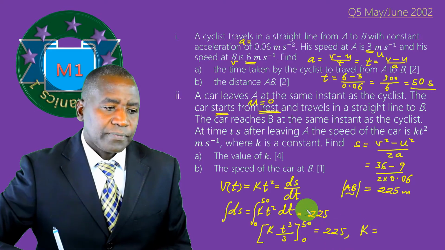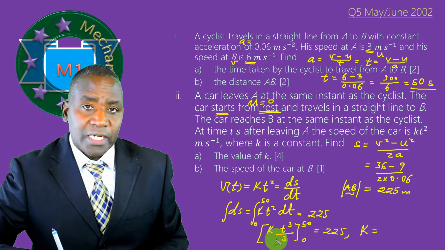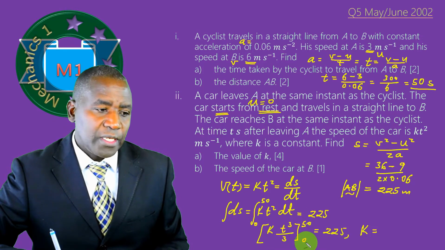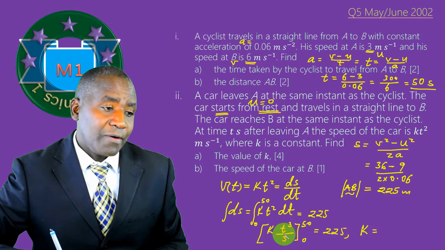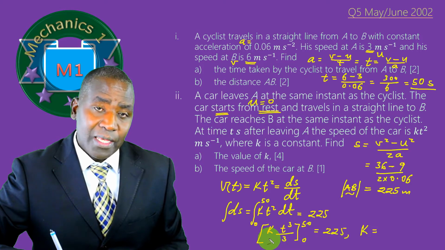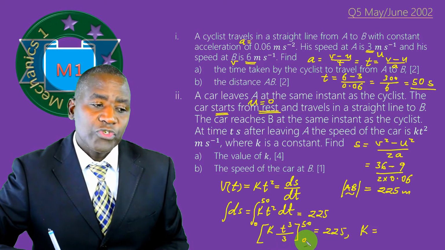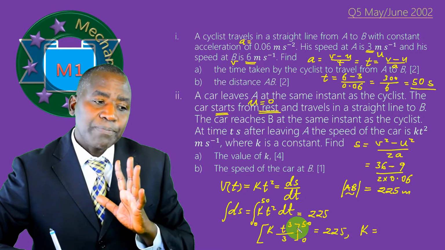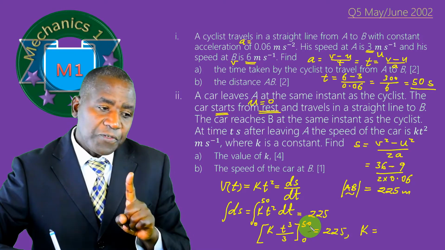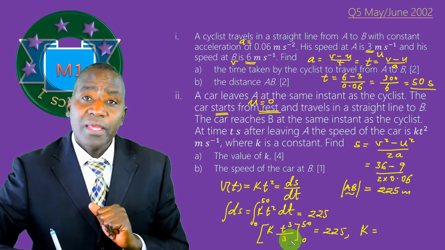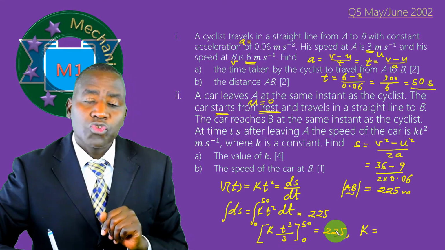If there is a problem, this is what it means. K is a constant, but these are the two values of t. So you will introduce t here. You will have 50 cubed divided by 3 multiplied by k minus, we introduce 0 here, it makes the whole thing to be 0. So the only expression you're going to have is 50 cubed divided by 3 times k is equal to 225.